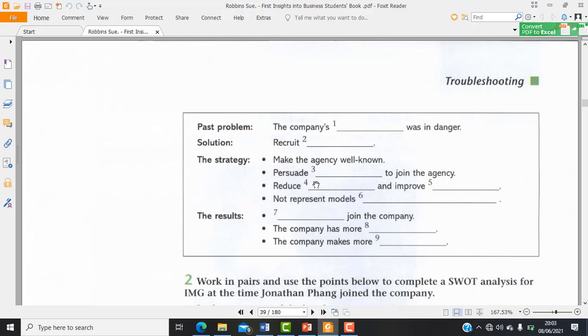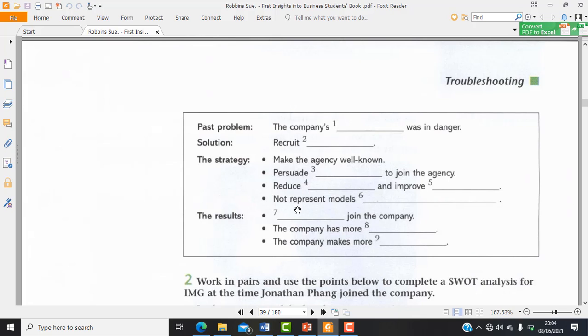and persuade the other models to join the agency, dan membujuk atau merayu model-model dari agensi yang lain untuk bergabung ke agensi ini. Oke, selain itu reduce itu artinya mengurangi, teman-teman. Jadi mengurangi apa dong? Reduce the cost and improve the profit, dan meningkatkan apa? Meningkatkan profit, ya guys ya.